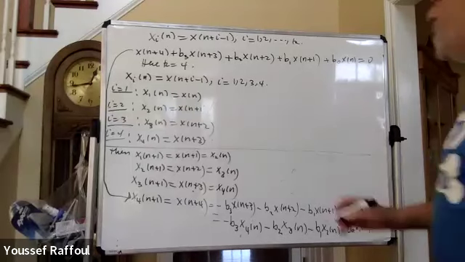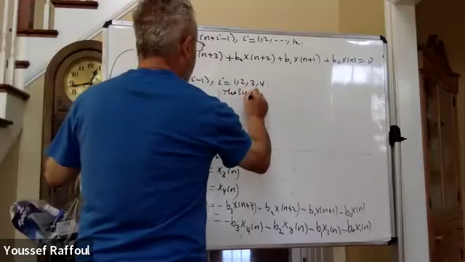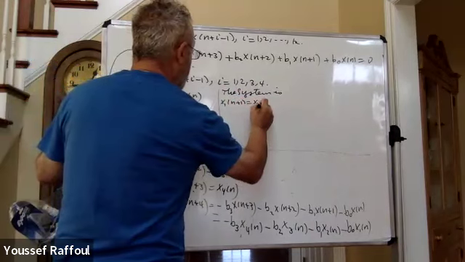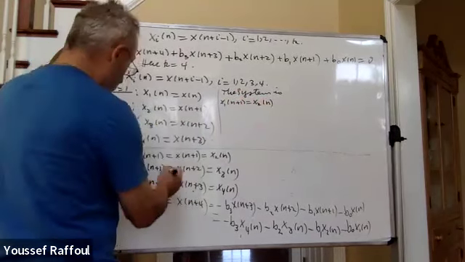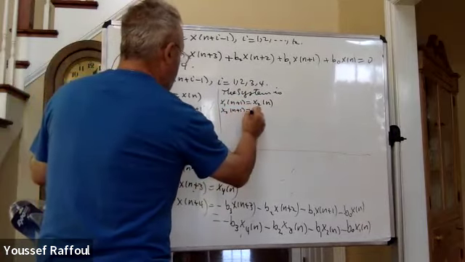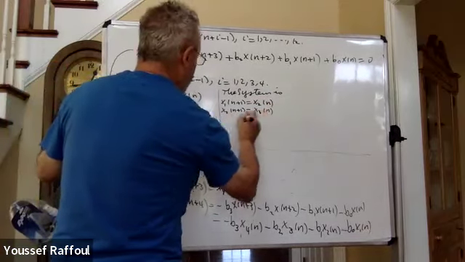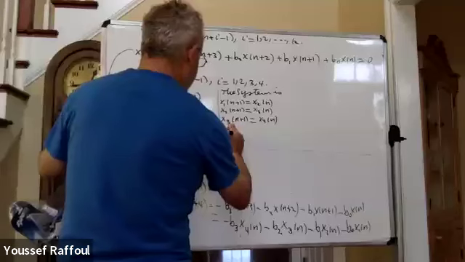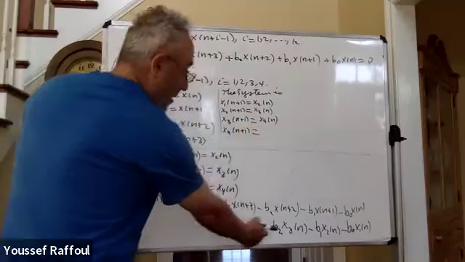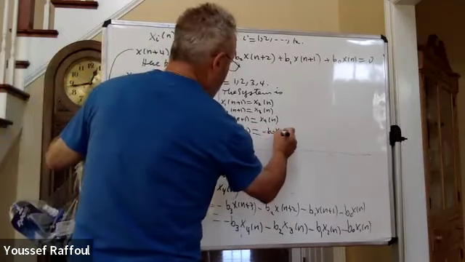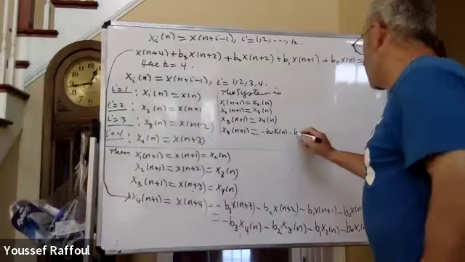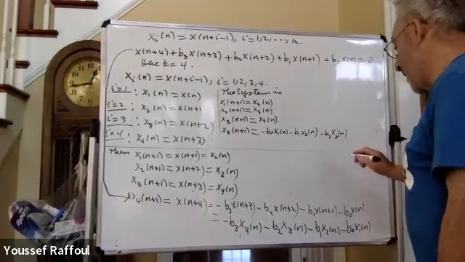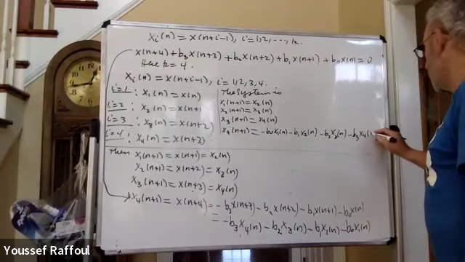Okay? So the new system, let's read it from here: x1 of n plus 1 equals x2 of n, x2 of n plus 1 equals x3 of n, x3 of n plus 1 equals x4 of n, and x4 of n plus 1 is, from here, minus b0 x1 of n minus b1 x2 of n minus b2 x3 of n minus b3 x4 of n.